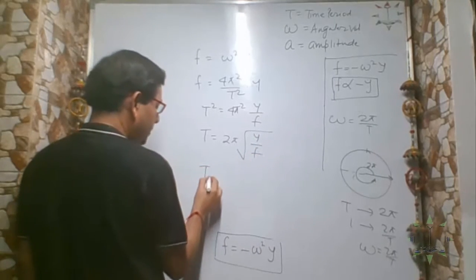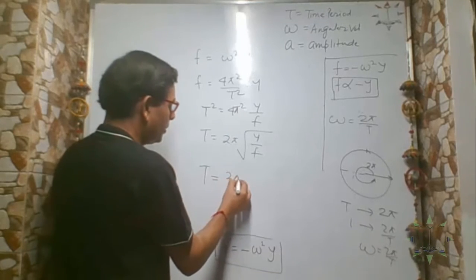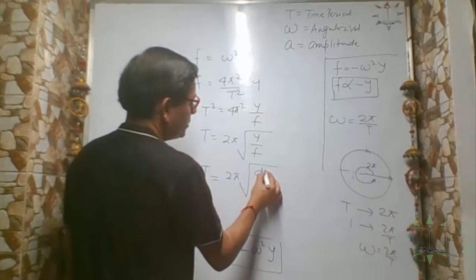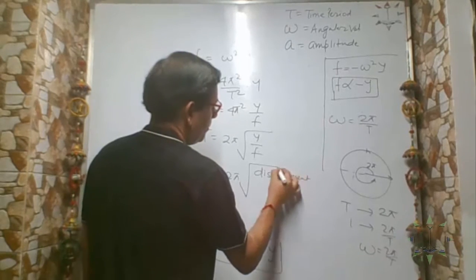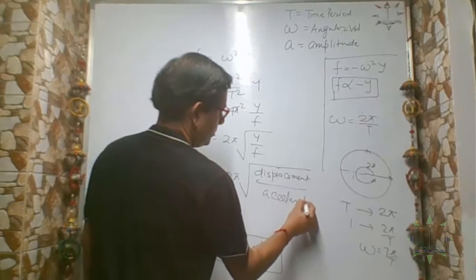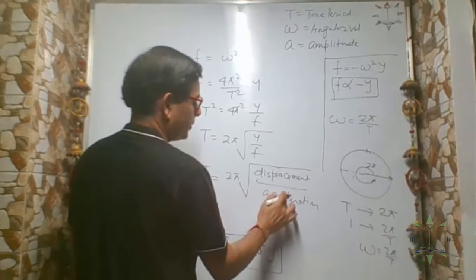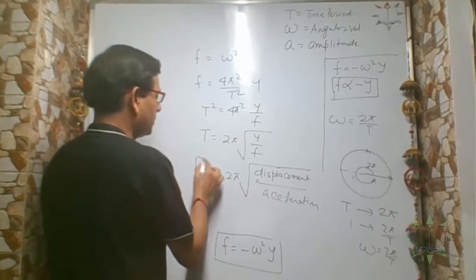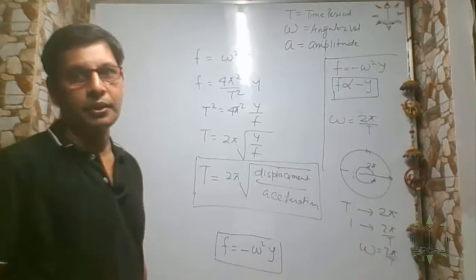Or we can say the time period of a particle in simple harmonic motion equals 2 pi root over displacement by acceleration. Correct? So this is the formula for the time period of a particle executing simple harmonic motion.